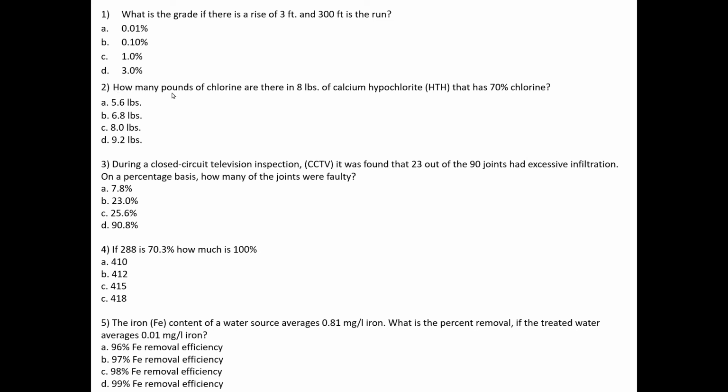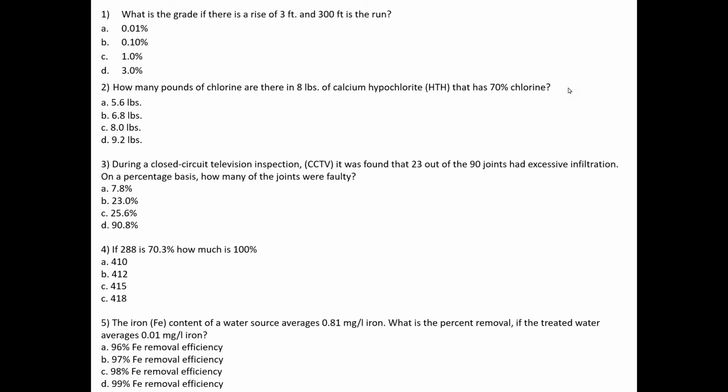Okay, so it says, how many pounds of chlorine are there in 8 pounds of calcium hypochlorite that has 70% chlorine? Basically they're asking you, what's 70% of 8? You're going from pounds to pounds.